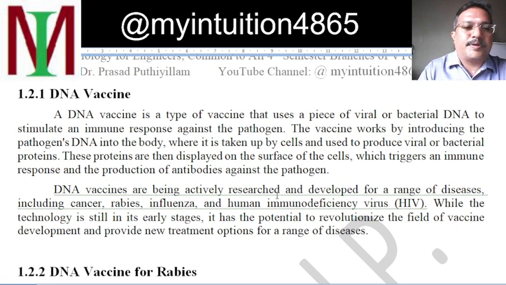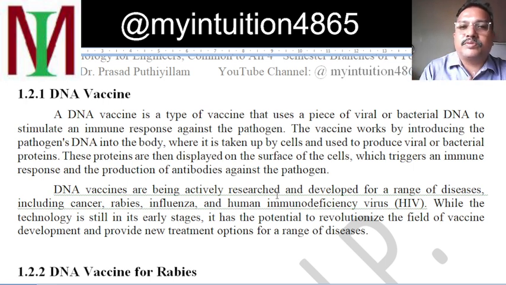We put it into the body cell or bacteria. Then more proteins will be generated, and these proteins are displayed on the surface of a cell. Then the cell will automatically try to react to that and overcome it, and produces what are called antibodies.